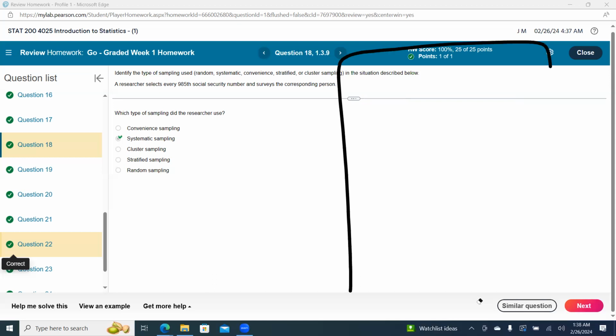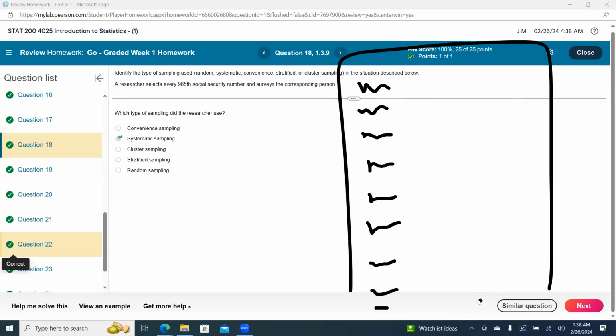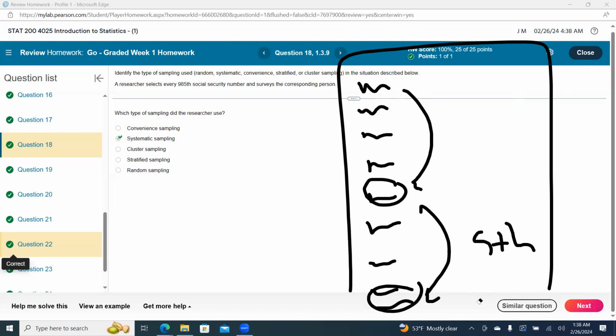We have a bunch of phone numbers that we're going to call. If you have a very long list of numbers and you pick every fifth one from the list, that's systematic random sampling.